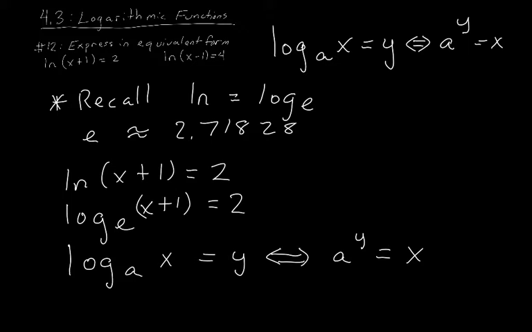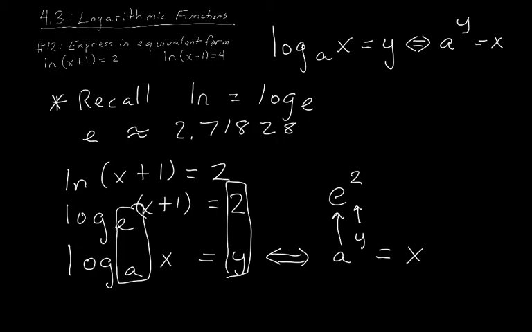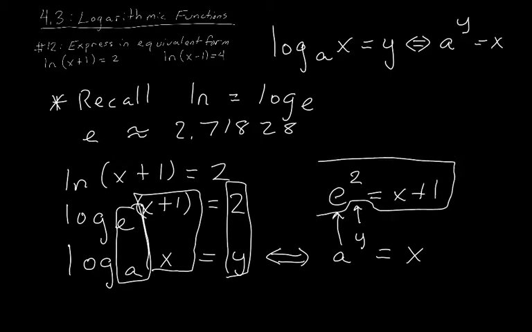In doing so, we can match terms. We see that e and a match, so wherever I see an a, I put an e. The y term matches with 2, so wherever I see a y, I get 2. And the x term matches with x plus 1. So the answer we're looking for is e squared equals x plus 1.